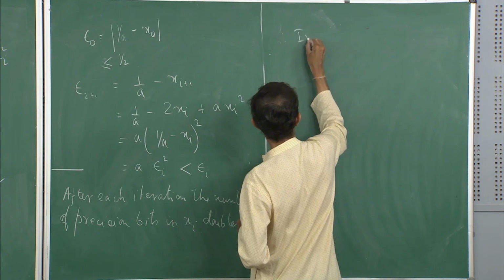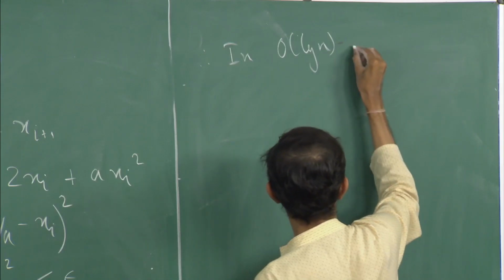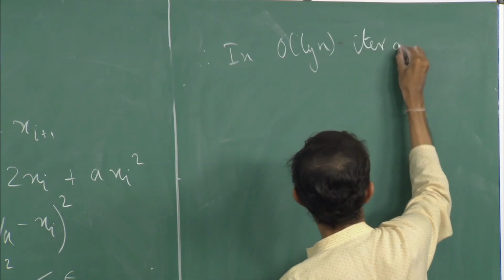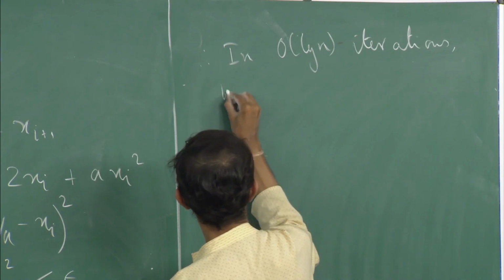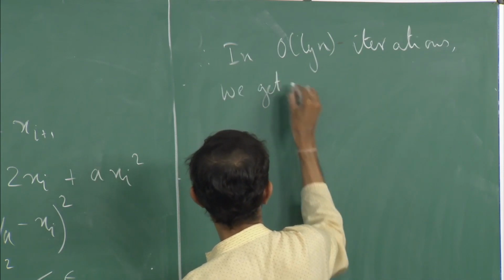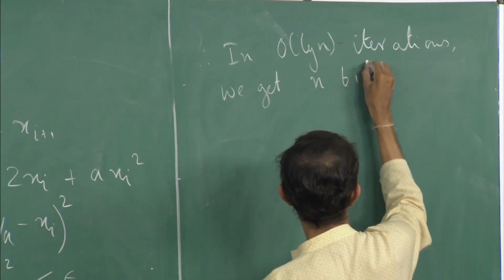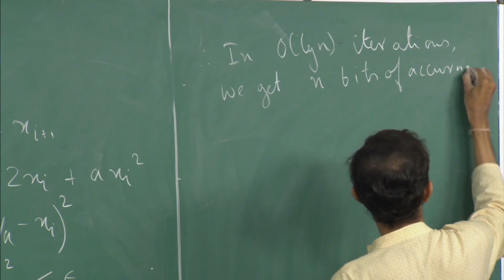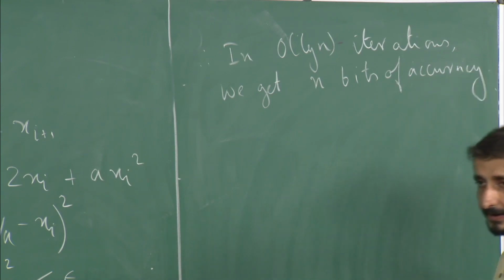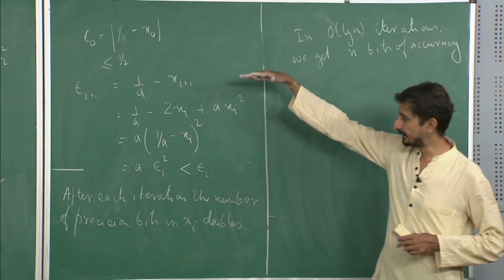Therefore, in order log n iterations, we get n bits of accuracy, and that is what we want. So we do this in an iterative fashion.